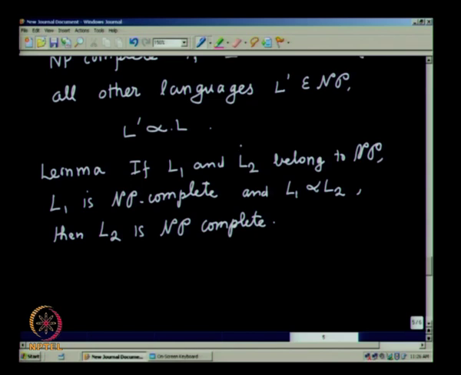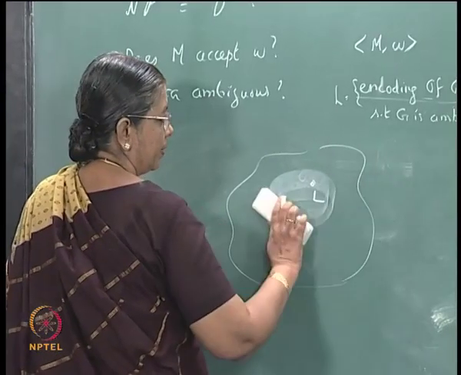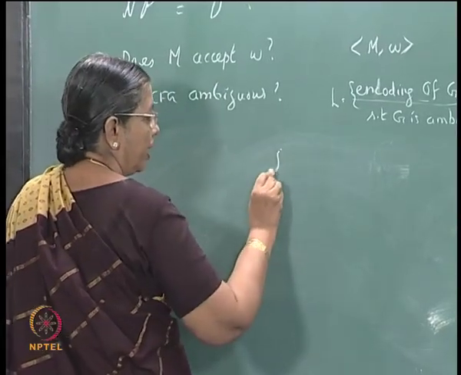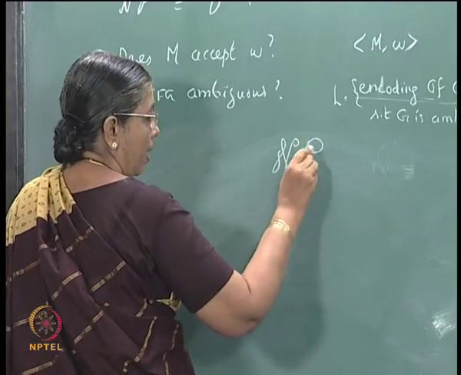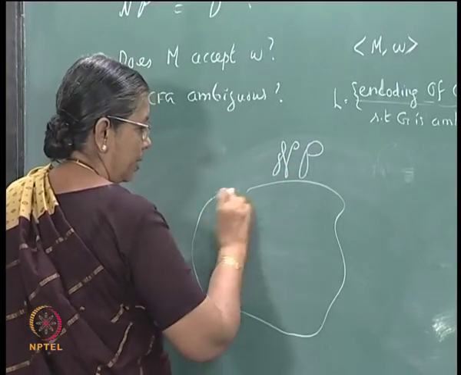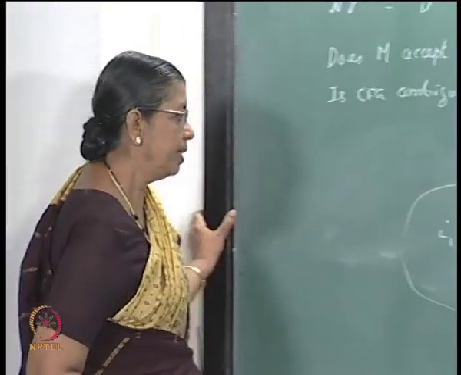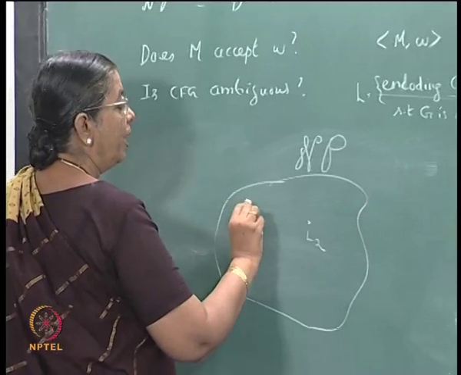Lemma: if L1 and L2 belong to NP and L1 is NP complete and L1 can be polynomially reduced to L2, then L2 is NP complete. So, suppose you are considering the class NP, and L1 and L2 are in this class.